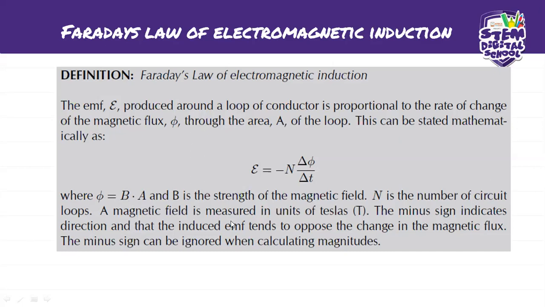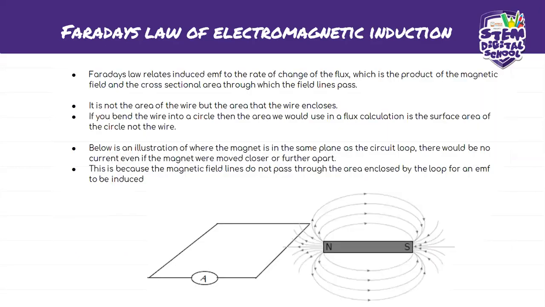The magnetic field is measured in Tesla. The minus sign indicates that the induced EMF tends to oppose the change of magnetic flux. Remember, we spoke about it earlier in our definitions. The minus sign can be ignored when calculating magnitudes.